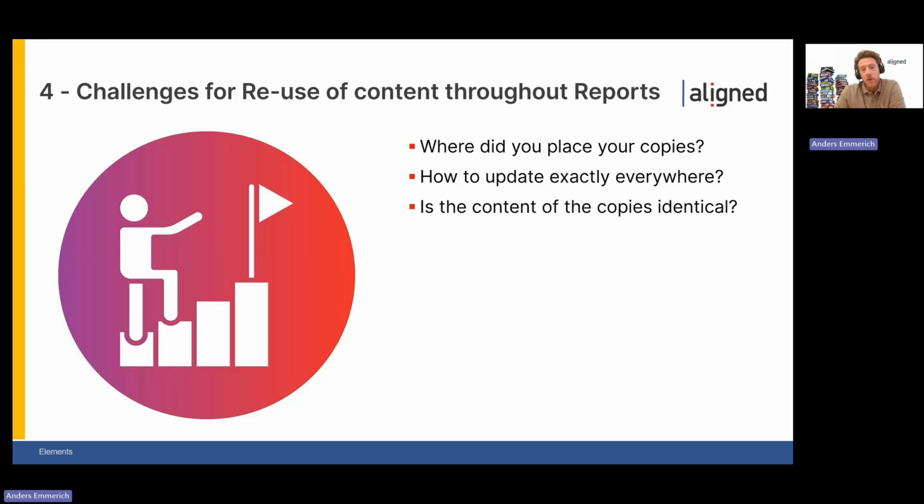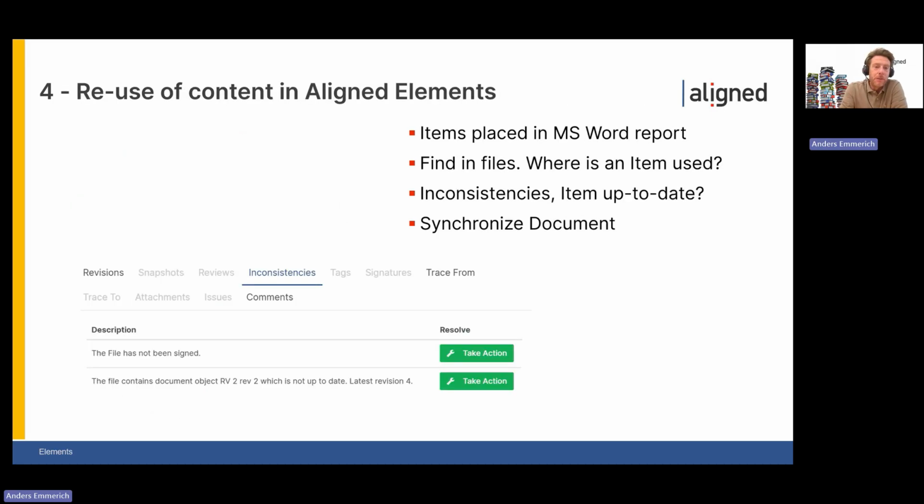And do you know exactly where you have to update the information? And sometimes with just slight rephrasing, the copies aren't really identical, and it's kind of hard to maintain that in a manual way. But luckily enough, we have the possibility of using a slightly smarter tool than just Microsoft Word.